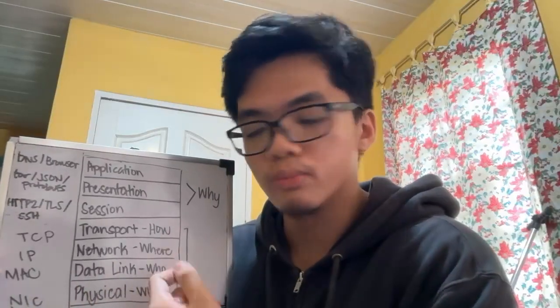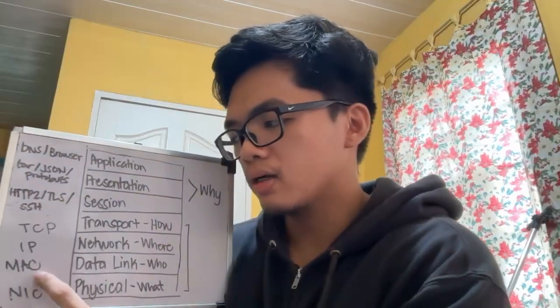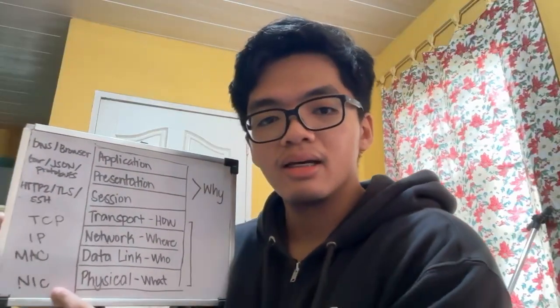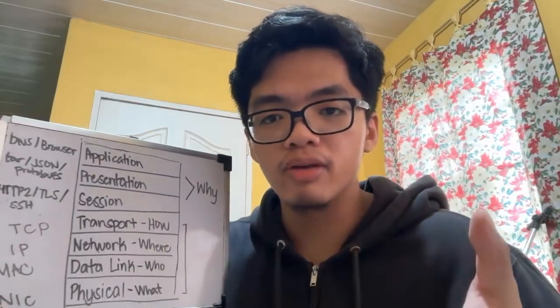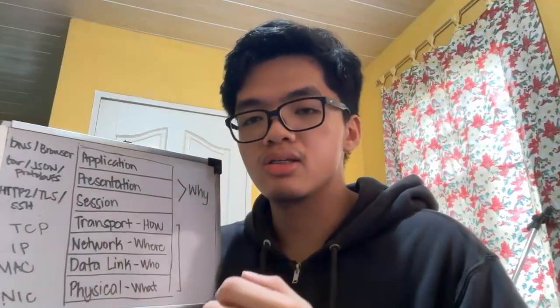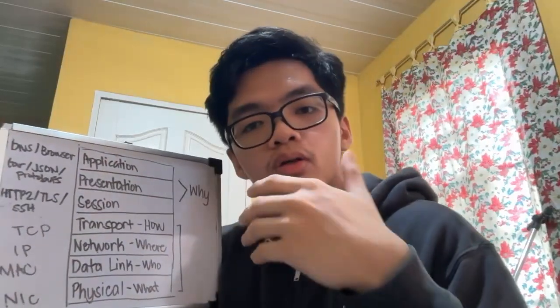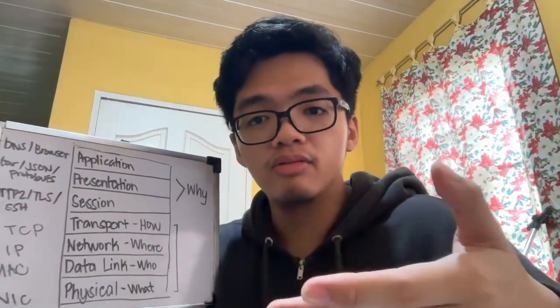Okay. Next layer, data link layer. This answers who? This deals with MAC addresses. So what are MAC addresses? Your NIC is given a globally unique identifier by your manufacturer. That is the MAC address. And the point is so that in your local area network, your device can be identified.